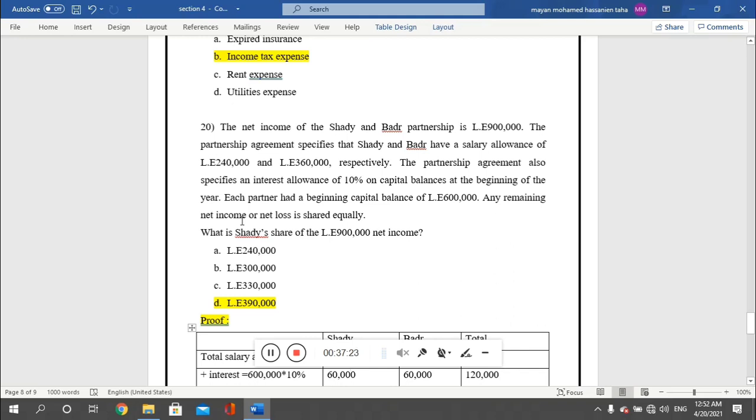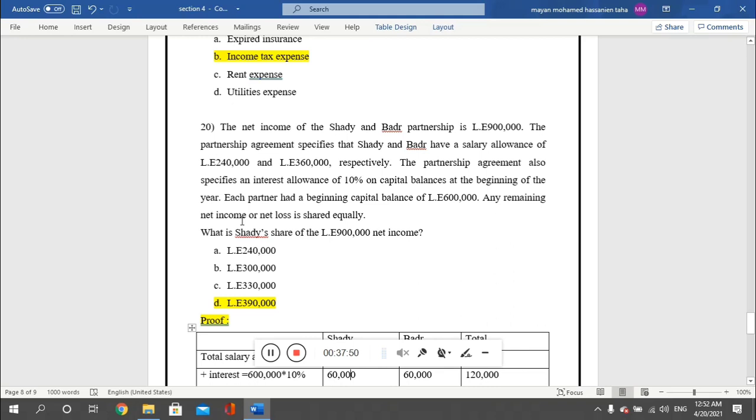Okay, at the beginning of the year, each partner had a beginning capital balance of $600,000. And so the interest allowance will be calculated on this amount of beginning capital. Each partner will have 600,000 livre Egyptian. Okay, any remaining income and loss will be shared equally.